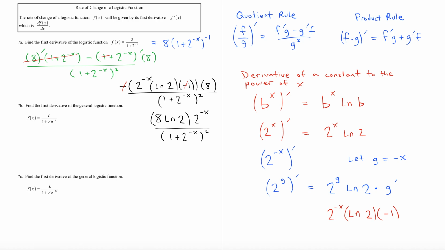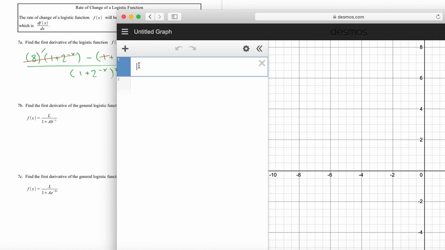Okay, now just to see if that makes sense, that derivative, let's plug it into a graphing program and just verify that that really could be the derivative of this logistic function. So I'll bring up the Desmos program here.